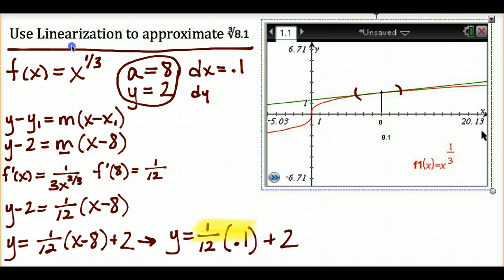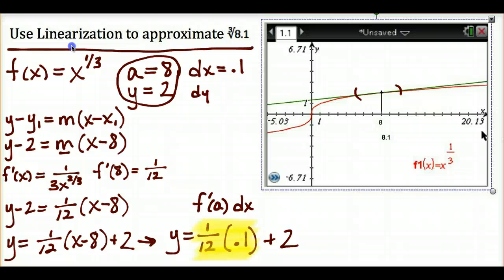If you remember from the last video, that 1/12 is my f prime at my x value, 8. My 0.1 is just the change in x. We got 0.1 from going from 8 to 8.1, which is 0.1 units. So really, if I want to know just how much y is going to change by, it would be that highlighted yellow bit, which would be, what would that be?